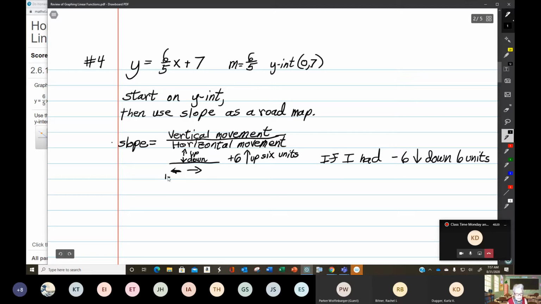Left or right. So since I have a +5, that's a +5 up there. That means I'm going to go right 5 units.